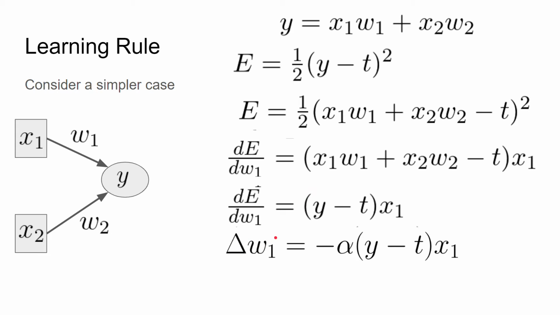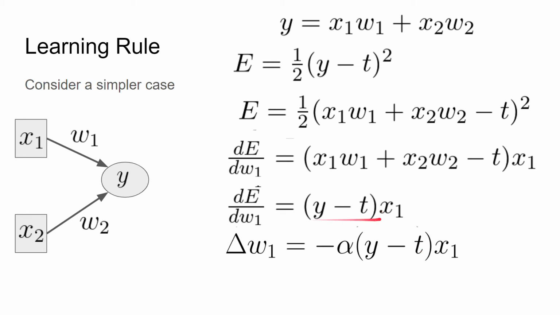So this is one way to define a learning rule. The amount of change I'm going to make to W1 is going to be negative, because I want to change W1 in order to reduce the error. I don't want to change W1 in order to increase the error. So I need to put a minus sign. I'm going to put an alpha. This is just a small learning rate that says how much I should adjust my weight by. Probably just make a small change.